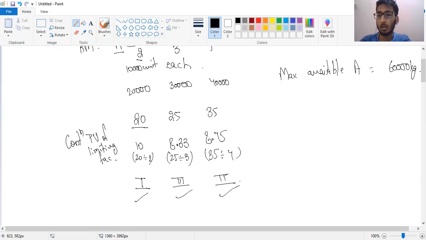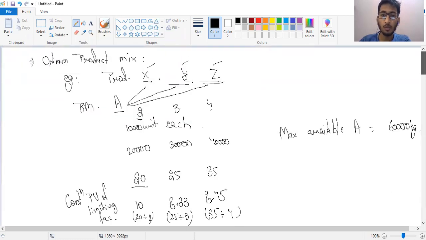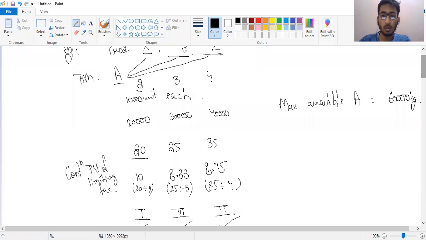Now, if you want to check whether whatever we have done is correct or not, just calculate the contribution, I would say, rather than profit. This is the working.